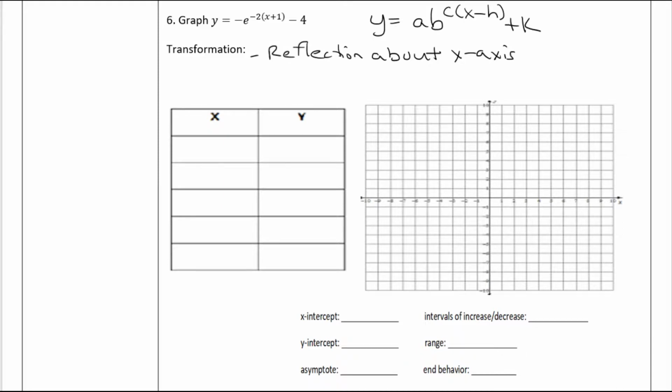We do have another negative here, and that does a reflection about the y-axis. The plus 1 on the inside shifts it left, so shift left 1. The minus 4 here shifts it down, so shift down 4.